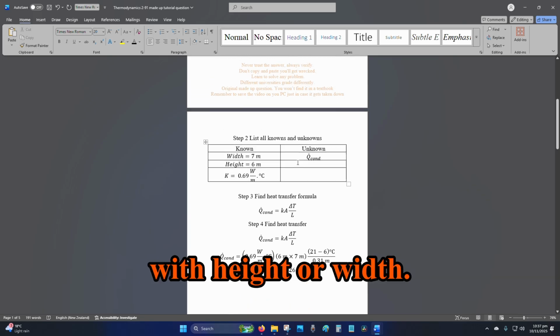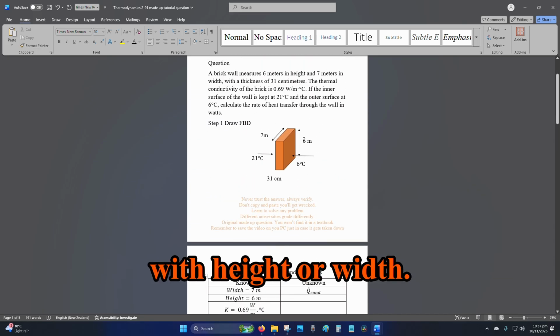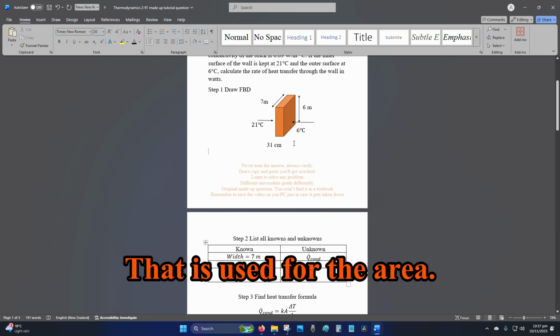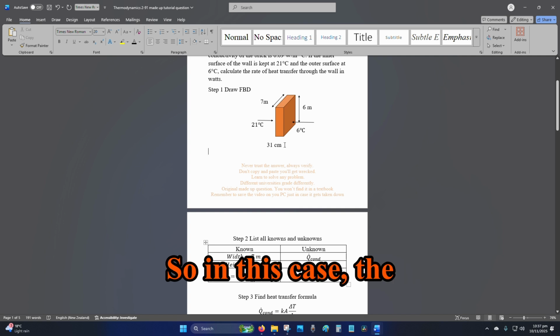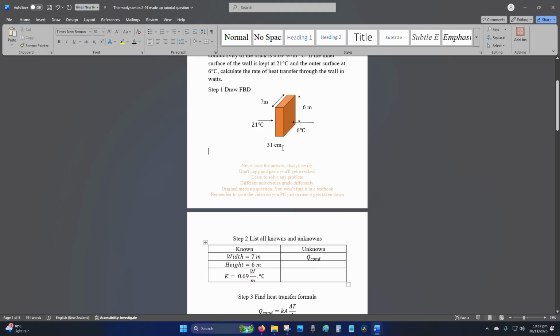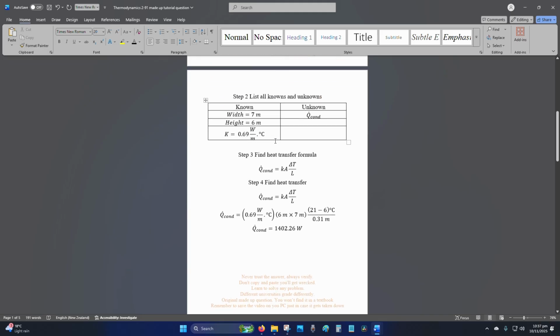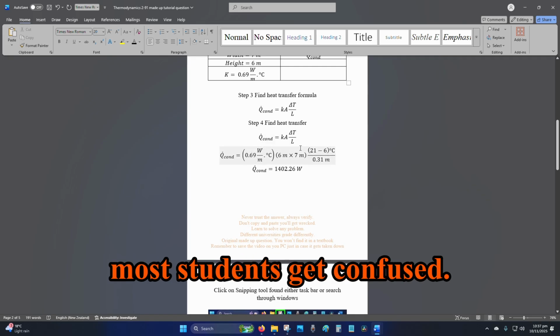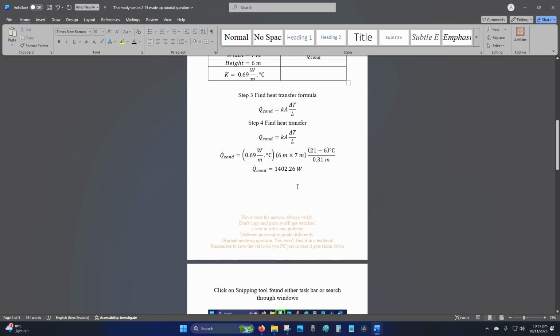Don't get confused with height or width. That is used for the area. So in this case, the thickness is the L length. That's the tricky bit where most students get confused.